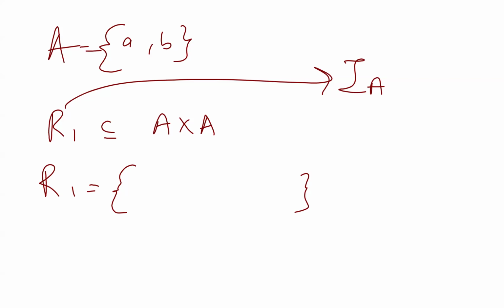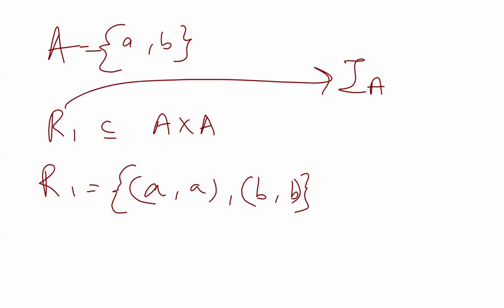Are you able to hear me? Please, please revert. What are the ordered pairs in R1? Correct. It's only (a, a) and (b, b). Okay. So this is the only identity relation on A cross A. Fine.